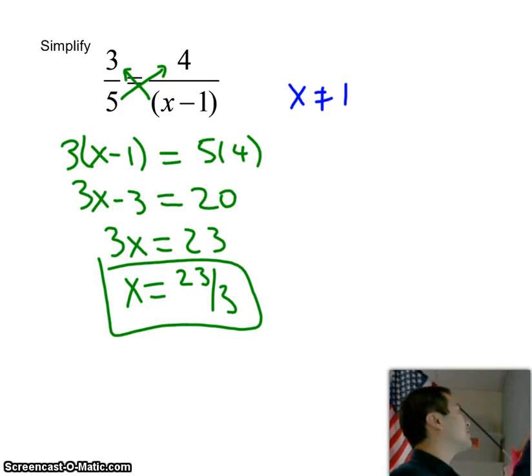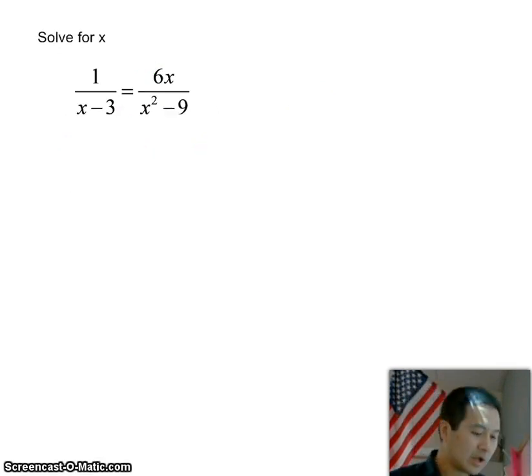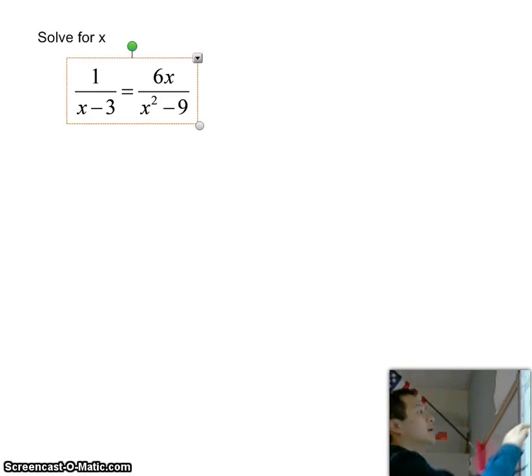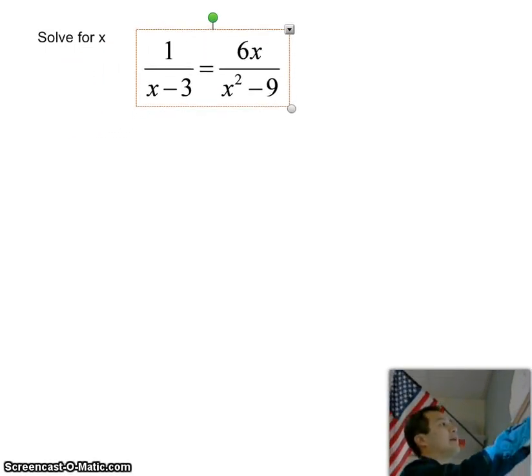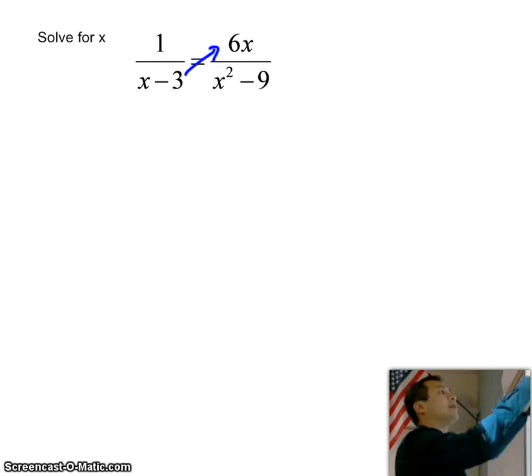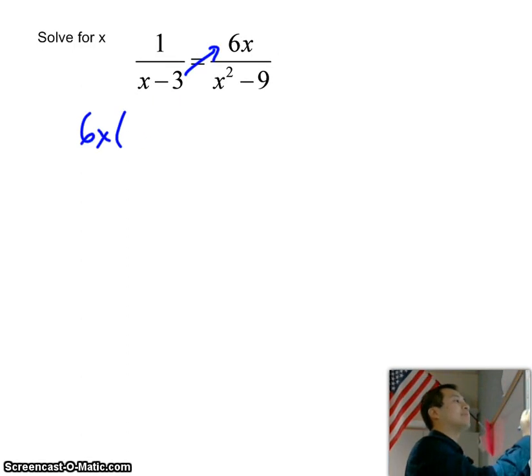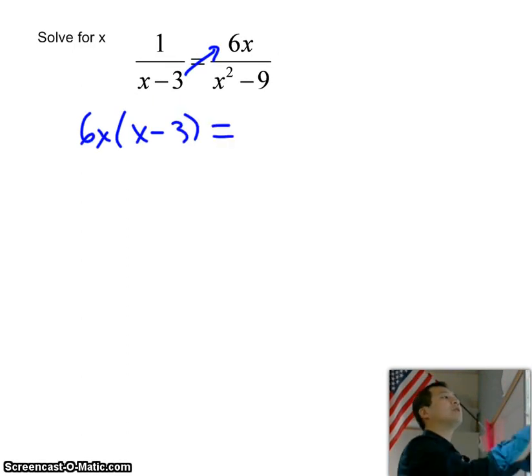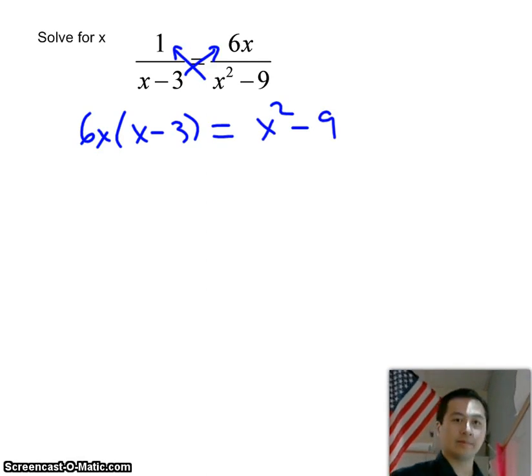Last problem. We'll make this video short. Solve for x. Same thing, I'm going to cross multiply. Multiply here to here, it becomes 6x times x minus 3 equals, multiply here to here, that becomes x squared minus 9 times 1.